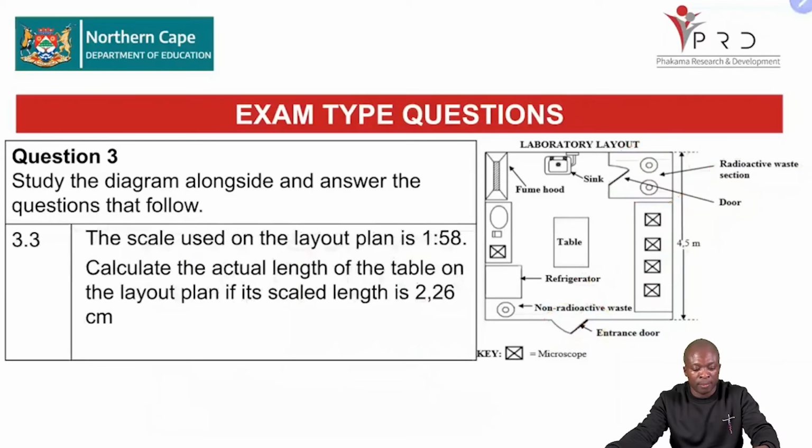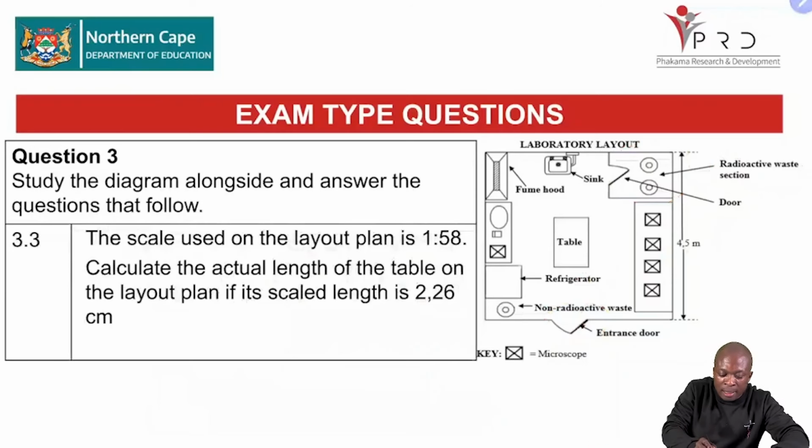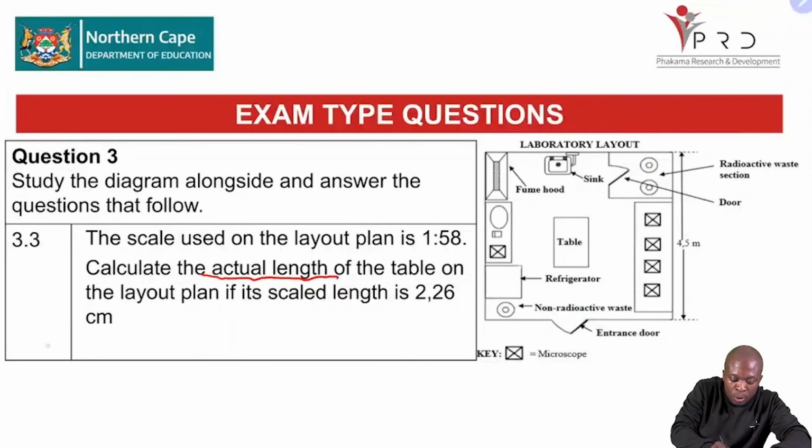Welcome back. The question says, the scale used on the layout plan is 1:58. Calculate the actual length. So remember, here is our key point, actual, A. Remember I told you, draw your diagram.